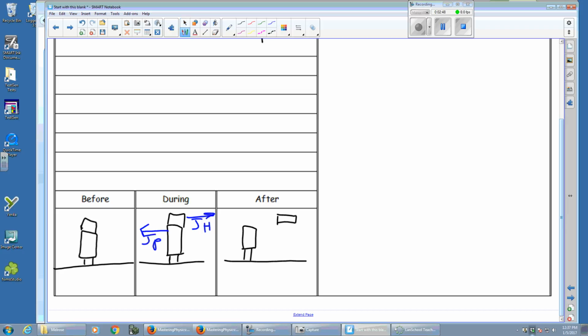Then afterwards, the momentum of the helmet is that way, and the momentum of the player is that way. Yay!